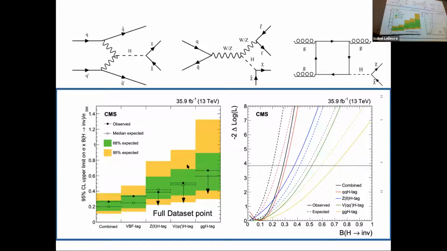Another way, maybe an easier way to think about it, is this x-axis here is your branching ratio of Higgs to invisible, and this y-axis is just your significance. You can scan the likelihood over various final states, and the black is the combined.